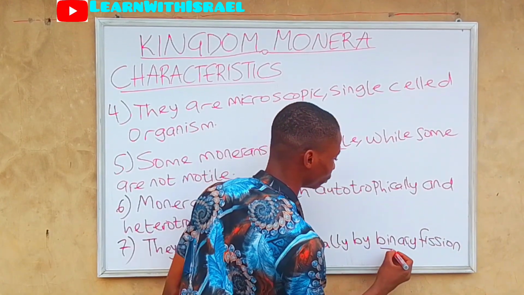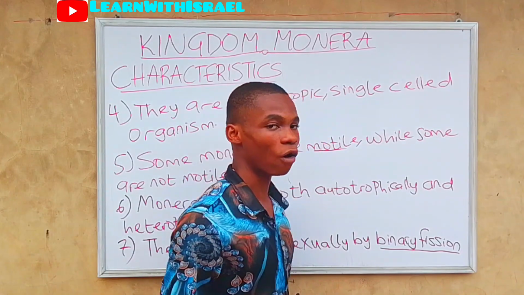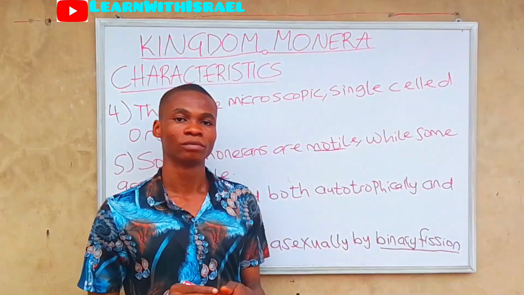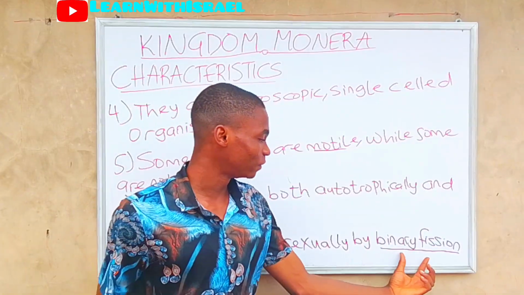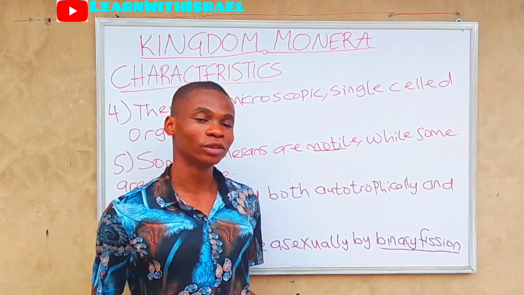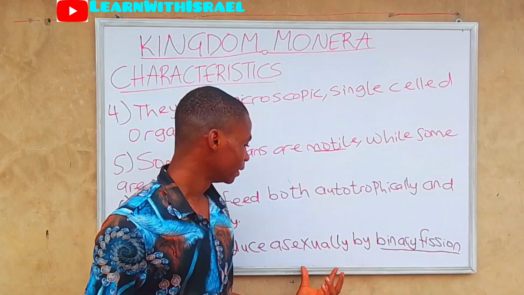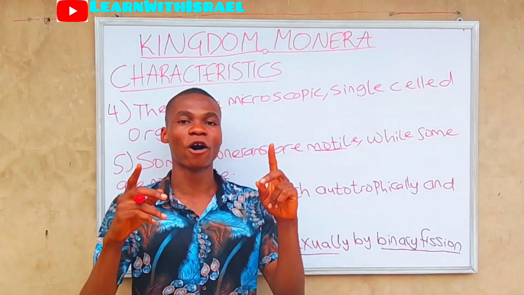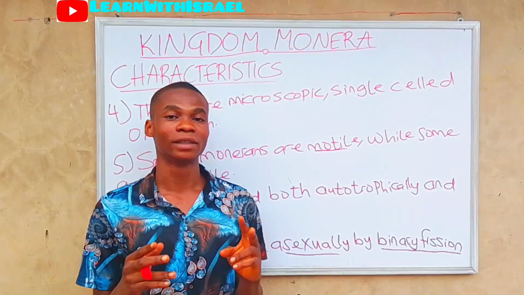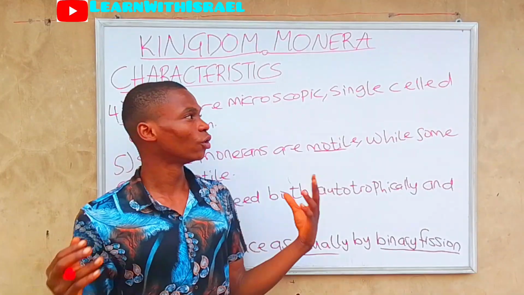This binary fission is a method of asexual reproduction. Sexual reproduction involves two parents, while asexual reproduction involves only one parent. So make sure you note that.